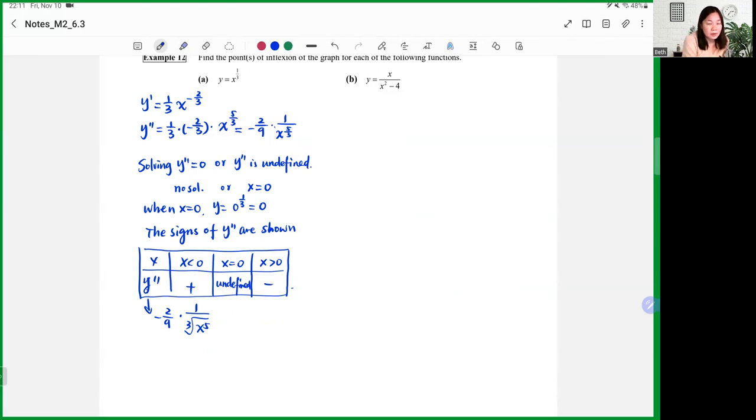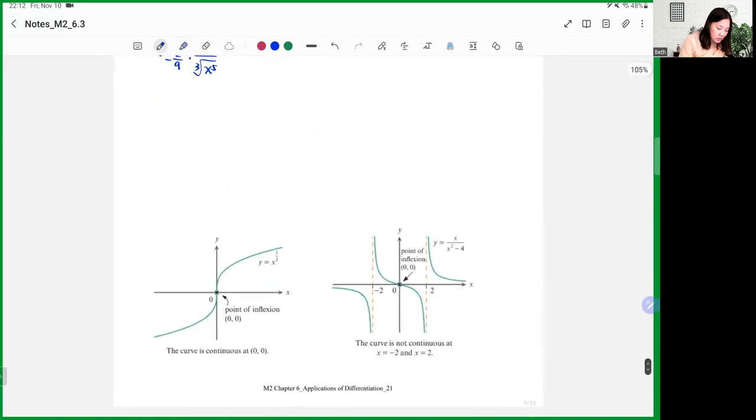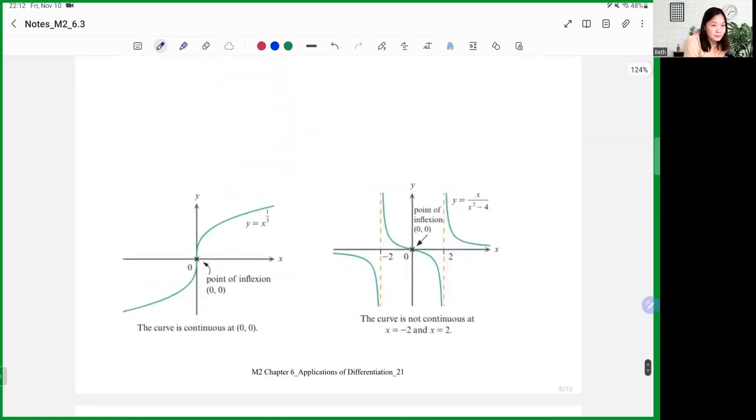Now, what does that mean? You may need some aid in imagining this shape, so I need to show you the shape here. This curve is quite strange, because at 0, you can see that the slope doesn't exist.